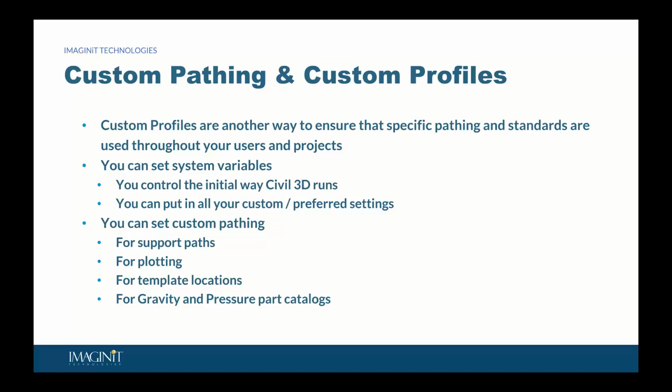You can also set your gravity and pressure parts catalogs, and you can also set up your survey template. So if you are a survey-based group and you have specific survey catalogs that you've created for your line work and for your line work code sets and all of that, you can set all of that up in your custom profile.